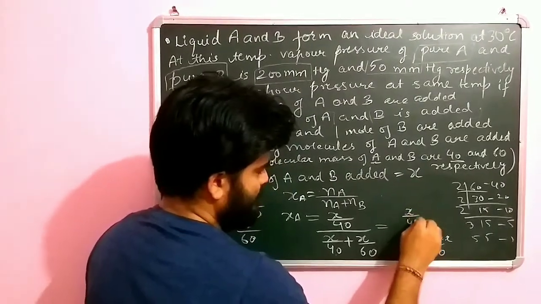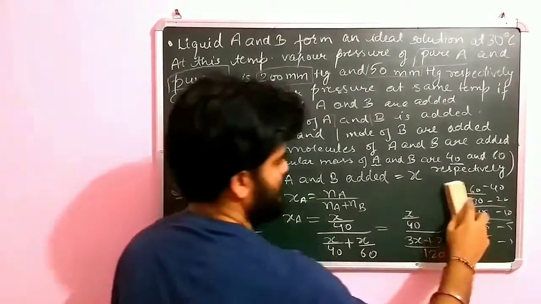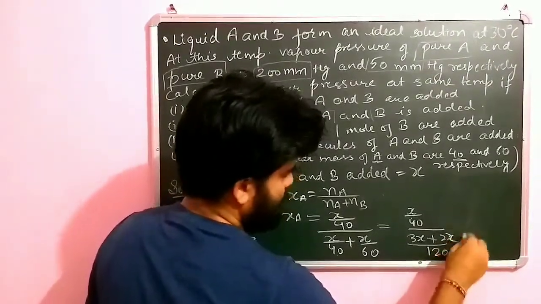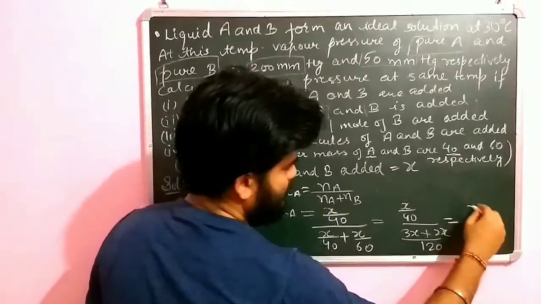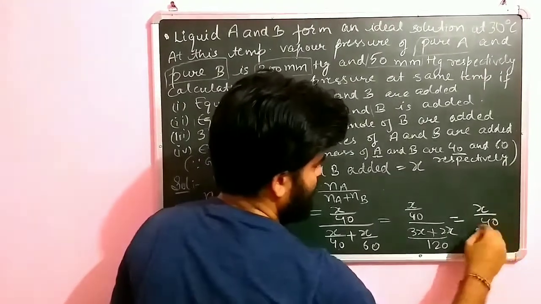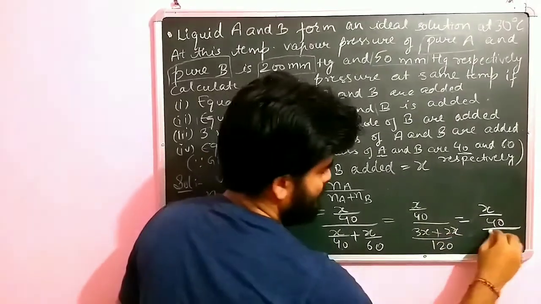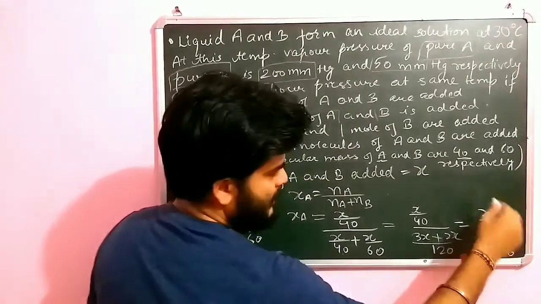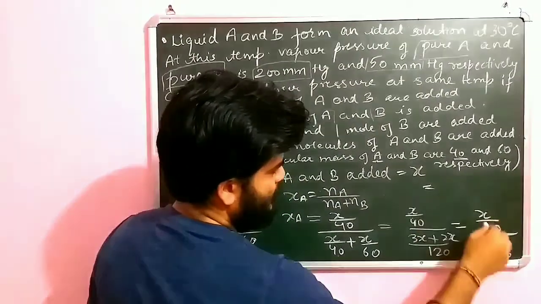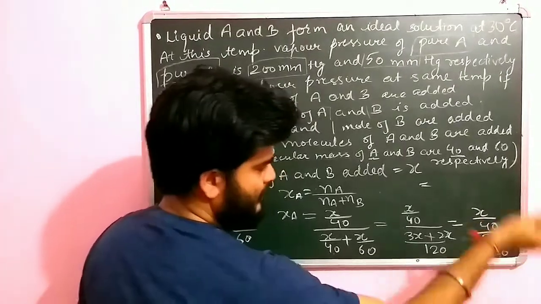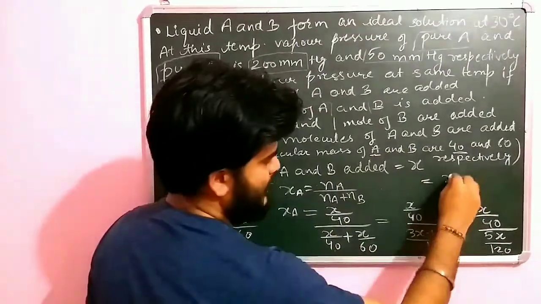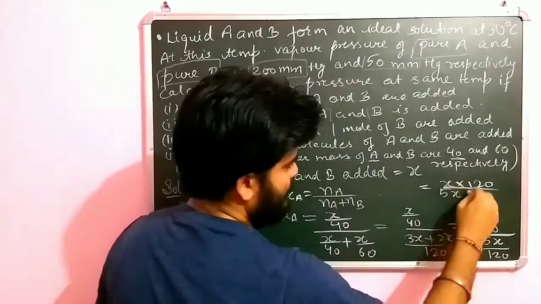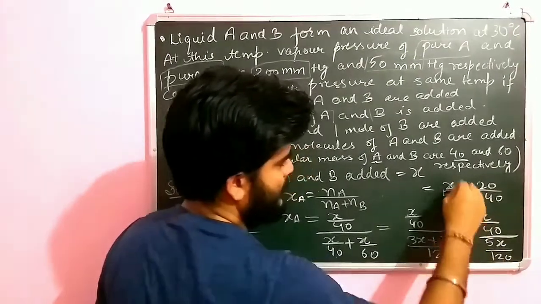Numerator is x upon 40. So this will be equal to x upon 40 upon, this will become 5x upon 120. Reciprocal, 40 will come in denominator, 120 will go in numerator. So x into 120 upon 5x into 40.